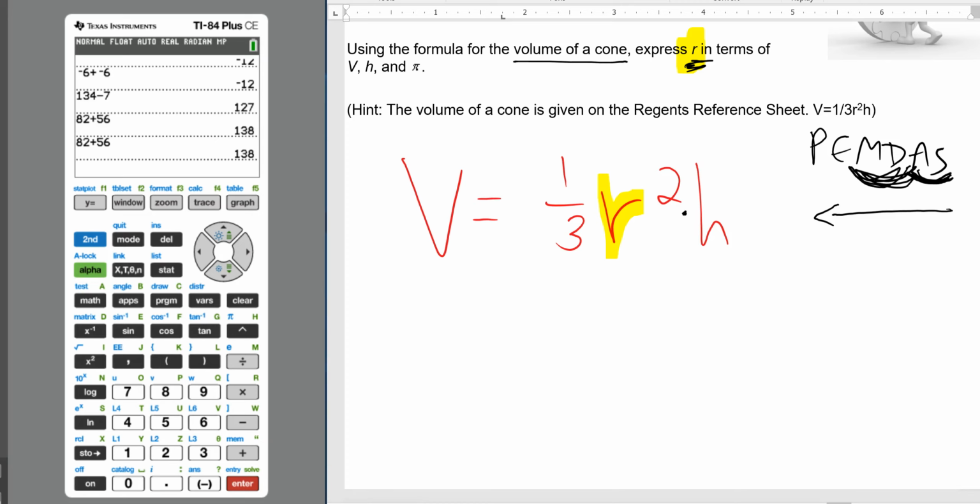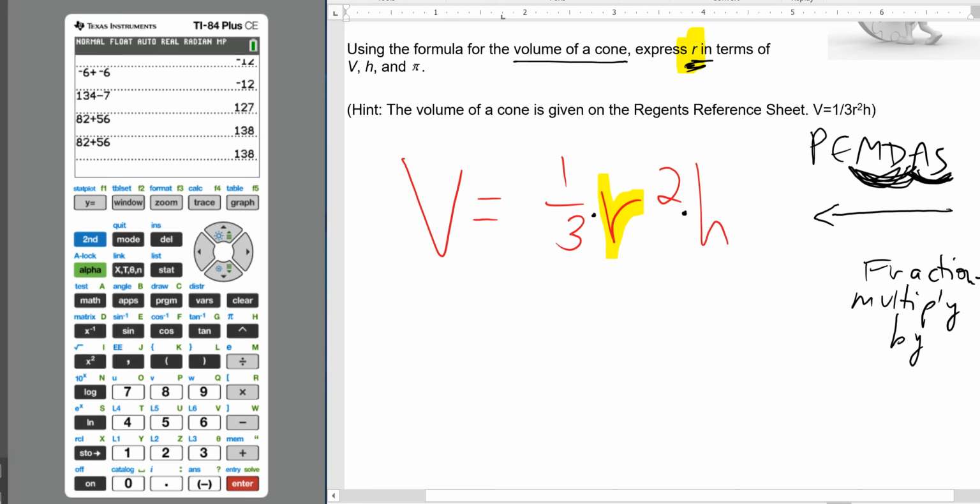Most of the terms here are attached by multiplication because they're sitting next to each other, right? R squared times H, 1/3 times R squared. We can do this one at a time, and in fact, to get rid of a fraction, we like to multiply by its reciprocal.